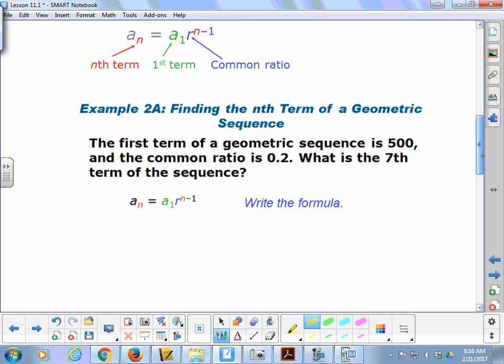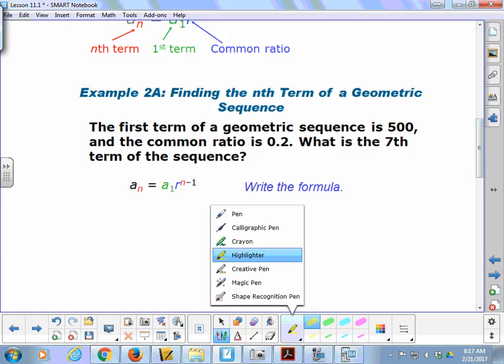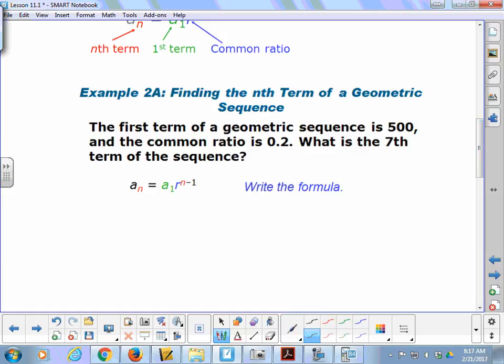So when I do this, I like to write down what each thing represents. That way all I need to do is plug them in, but noticing what they are first. So I need three things: I need n, I need a sub 1, and I need r. I need those three things to be able to find the nth term of the sequence.